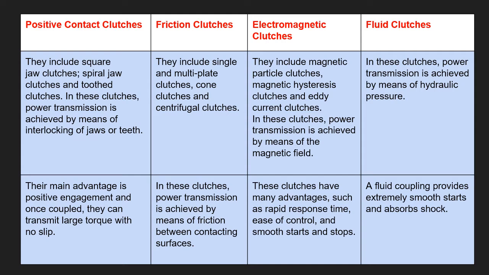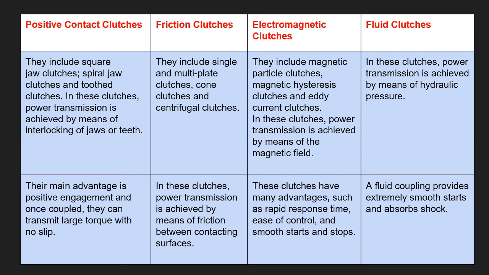In friction clutches, the power transmission is achieved by means of friction between the two contacting surfaces. Electromagnetic clutches work on magnetic field, right? And the main advantage of electromagnetic clutch is the very fast response period. Okay? And fluid clutches work on hydraulic pressure.